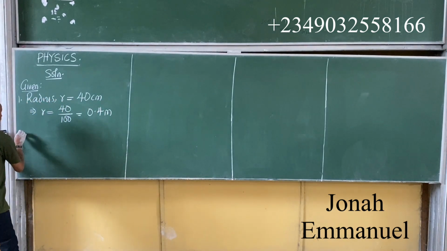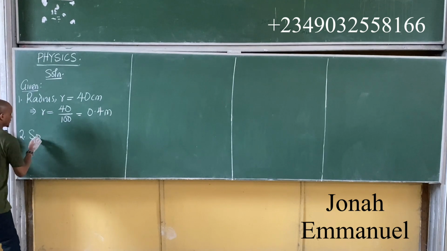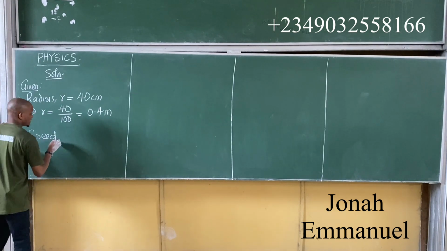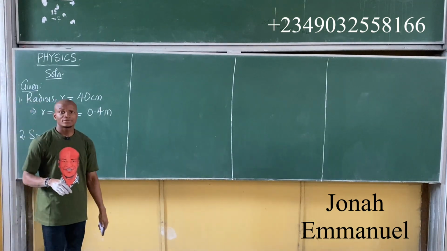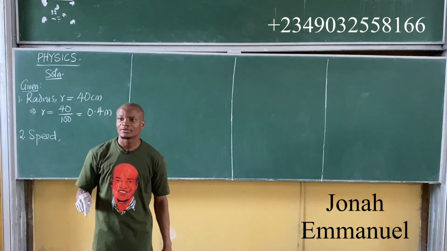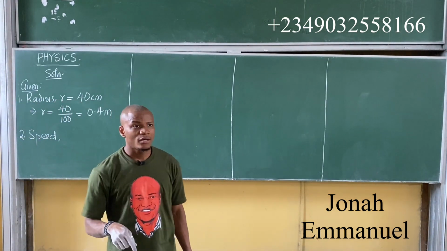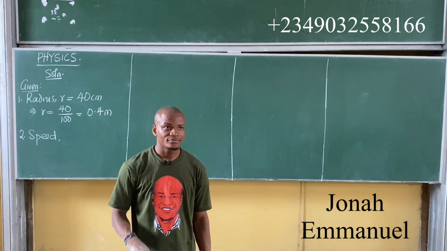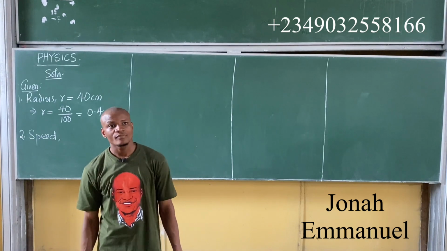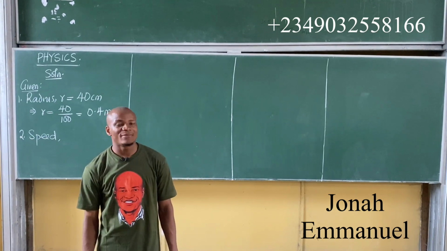What next? Then it said it sped up at a speed. Number 2, I'm given speed. What is your representation for speed? When you say speed in RPM, what does it mean?